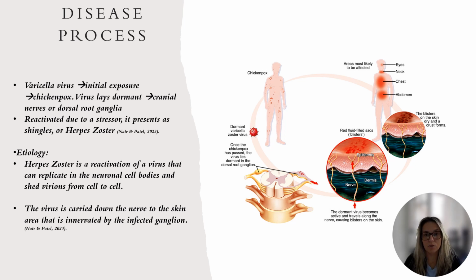Infected particles will travel along a neuron to the dorsal root ganglia, cranial nerve, or trigeminal ganglion, causing a latent infection. If a person is immunocompromised or has a weak immune system, the varicella virus can be activated, and this will happen in the dorsal root ganglion.